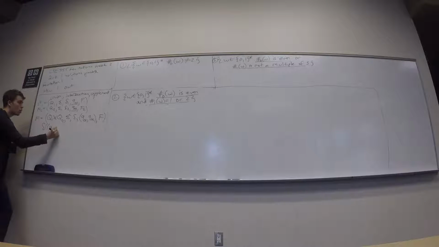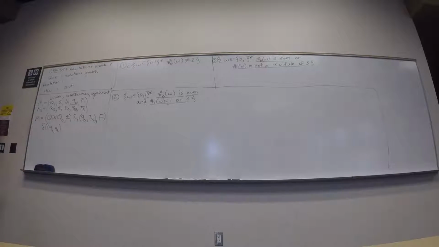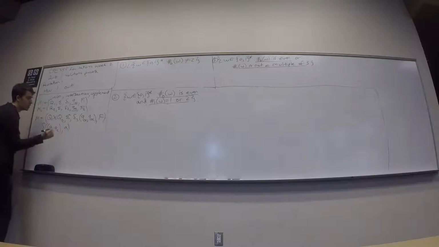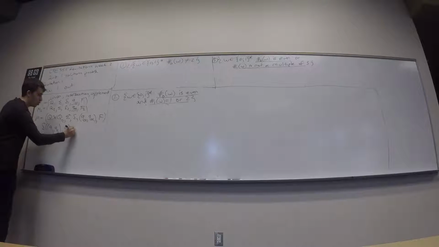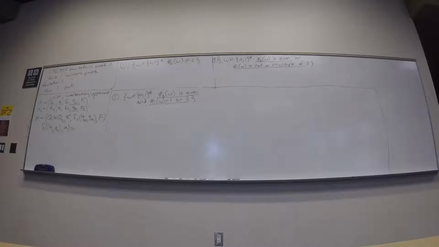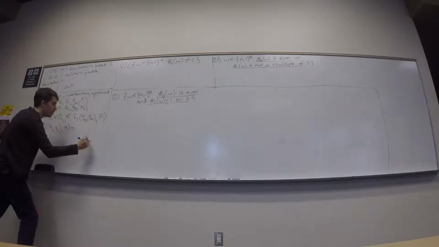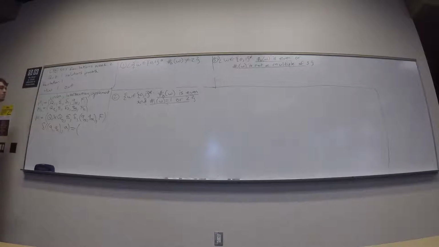So I'm going to call it Q1, Q2 to be my ordered pair. And the symbol that I'm reading is some character A. Well, what does the transition function output? Again, what are the states of the machine? Ordered pairs. So I better output an ordered pair, right? So I'm going to output an ordered pair.